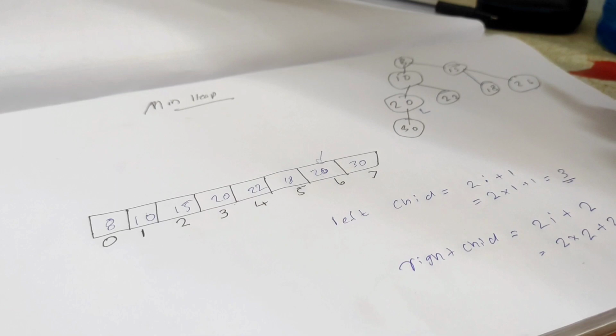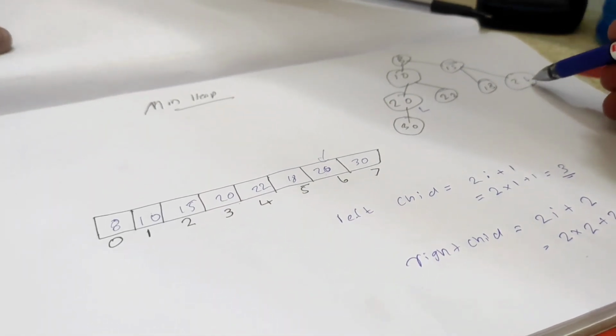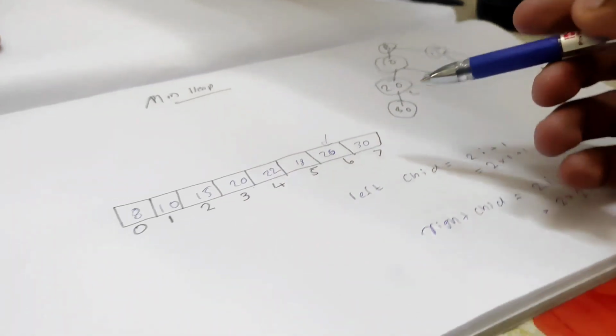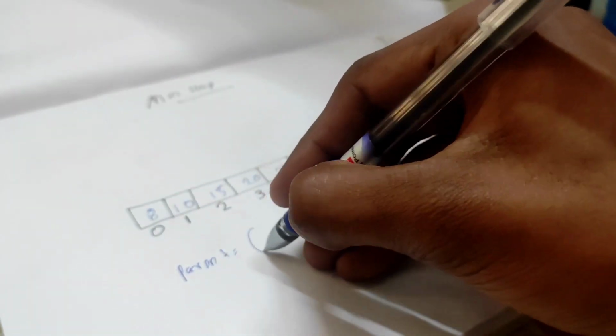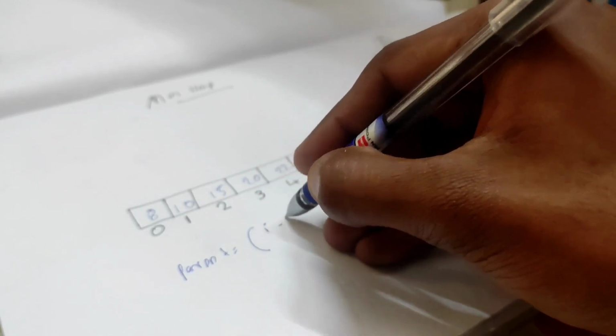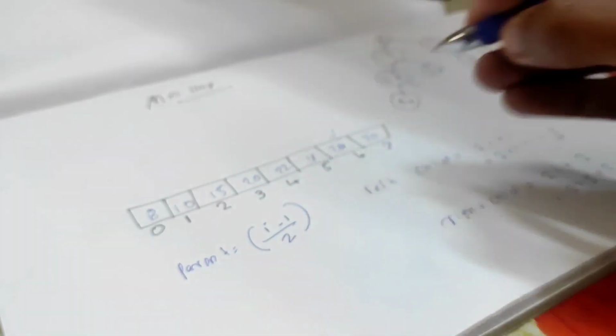Then suppose we want to know the parent. Suppose we want to know the parent of the child 26. The equation is parent equals (i minus 1) divided by 2.